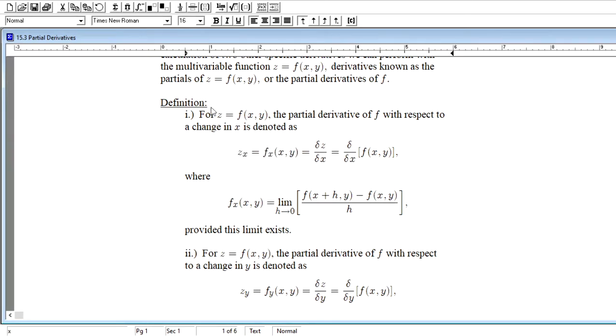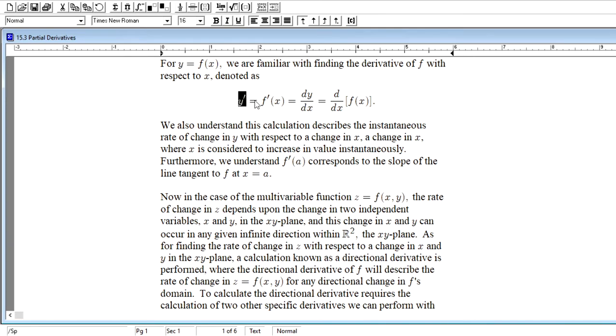The partial of z equal to f of x comma y with respect to x is either going to be z sub x, or you might see f sub x, or what you will notice is this will often be a function of x and y, so it'll be f sub x at x comma y. Very similar to how we interpret y prime and f prime of x, except the sub x highlights that it's a partial with respect to x, right?